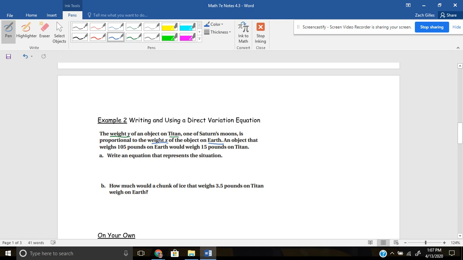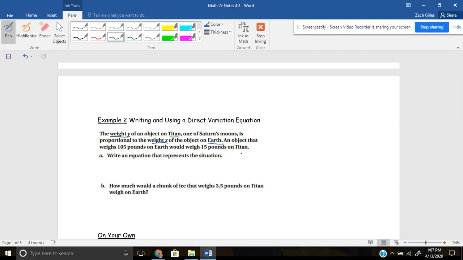So when I see x, I'm going to think about Earth, and when I see y, I'm going to think about Titan. An object that weighs 105 pounds on Earth would weigh 15 pounds on Titan. It says write an equation that represents the situation.